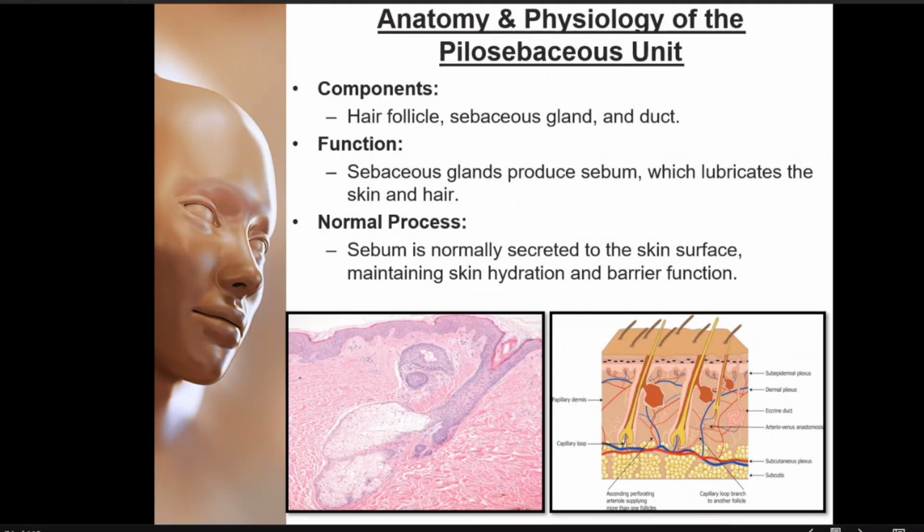So this is the anatomical presentation of how acne occurs, and this is the hair anatomy, the histopathology of the hair also. So in this you can see the hair follicles, and the sebaceous gland and duct. The sebaceous gland produces the sebum, which lubricates the skin and nail.